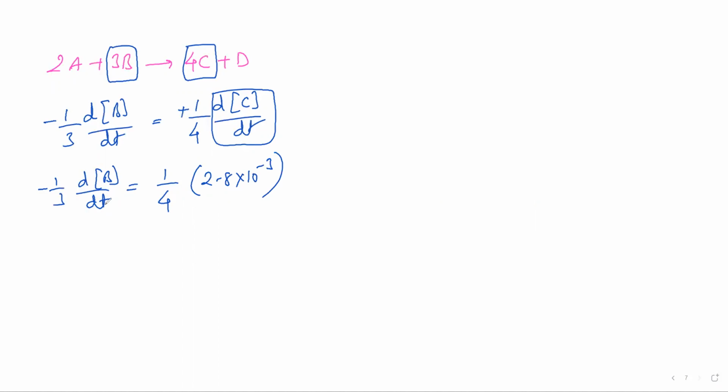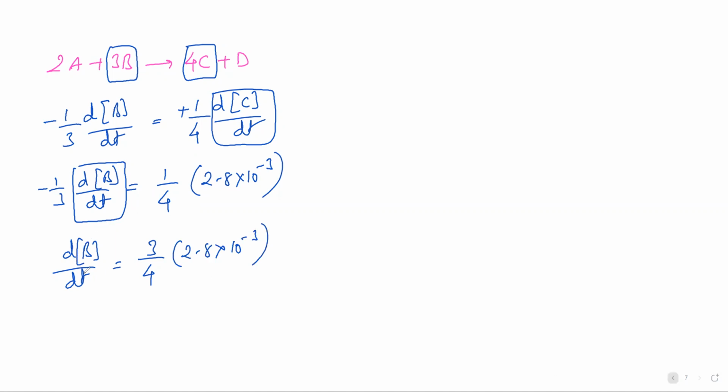Now what you are getting here? Let us see. What we need is the rate of disappearance of B. So let us make it the subject: d[B] by dt is equal to, bring this here, 3 by 4 into 2.8 into 10 power minus 3.